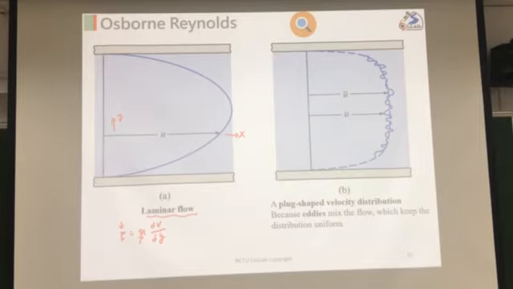Okay, so this is a laminar flow, and the right-hand side is the turbulent flow. As you see, this is the velocity profile for the turbulent flow. The idea is that turbulence would like to change the velocity profile to be a uniform flow. So actually you can see the shape is similar to uniform flow.